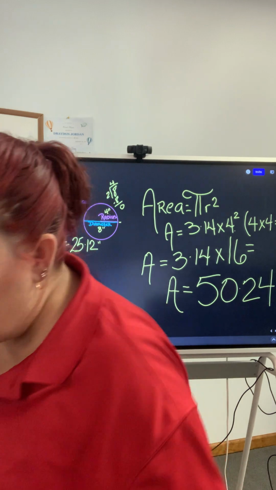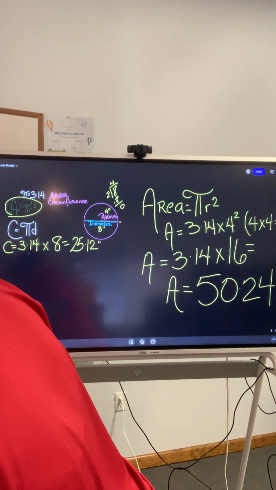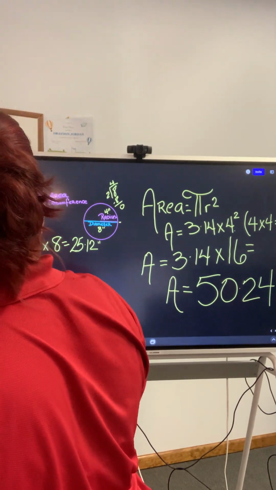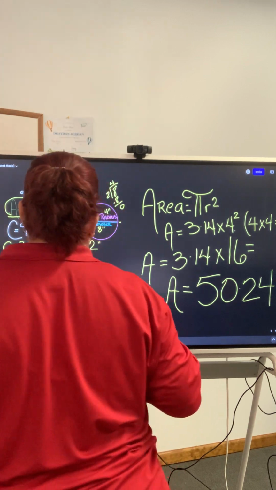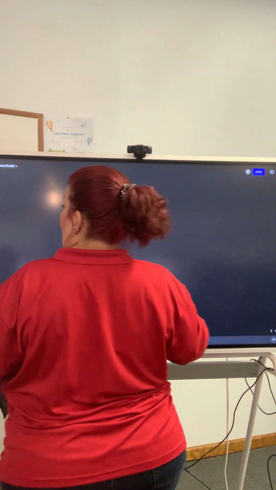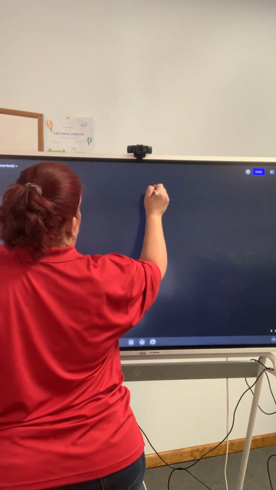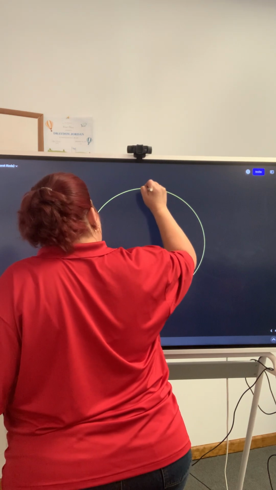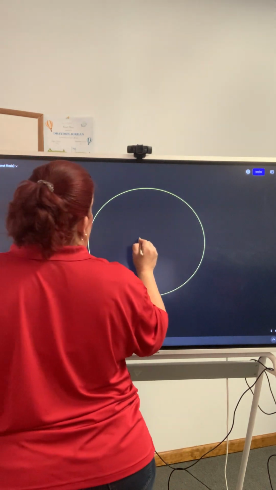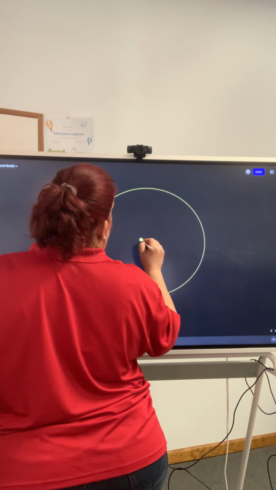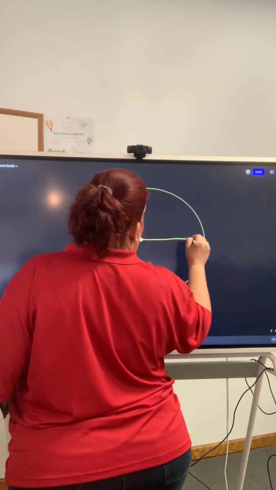Okay, this time we're gonna work with, let's see. This time we'll work with the radius. Now, I don't know about y'all, but I love writing down my formulas so I don't get confused. And let's say that we have here our circle, and it's a radius.